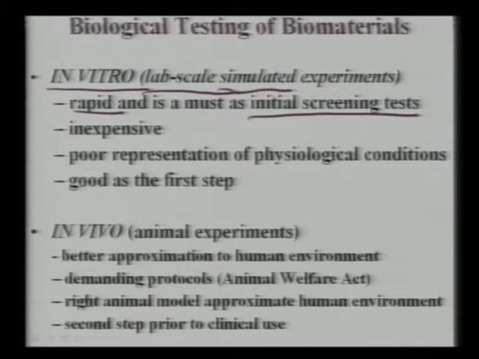In vitro experiments are inexpensive, but they are a poor representation of physiological conditions. Why is it a poor representation?